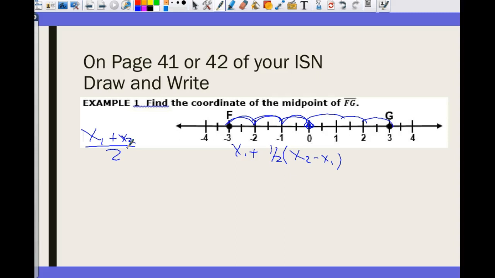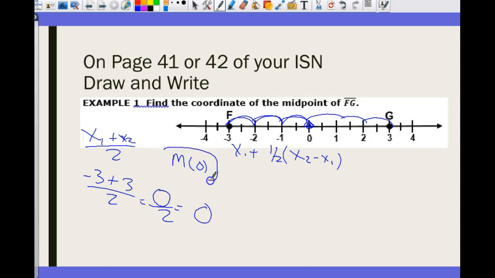So x1 was -3 plus x2, which is 3. -3 plus 3 divided by 2, which is 0. Wow, we got the same answer, right? So the proper way to write this answer would be the midpoint is at 0.